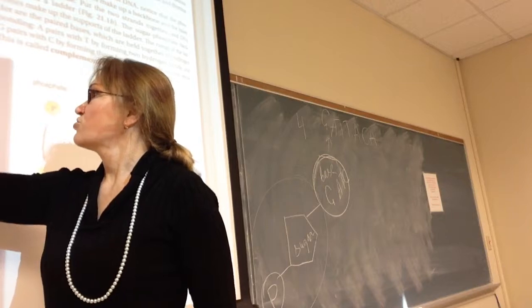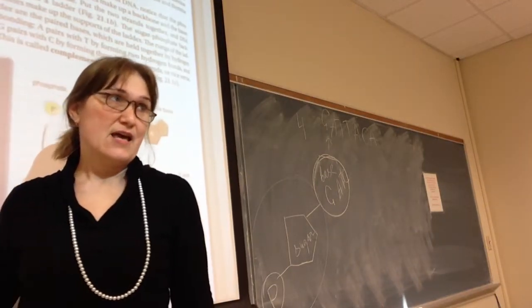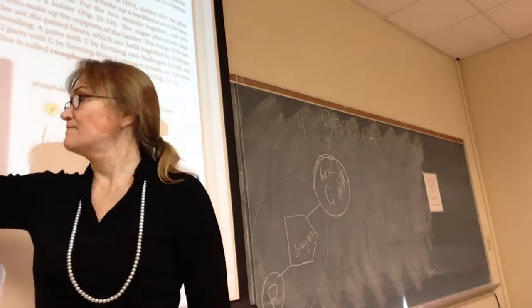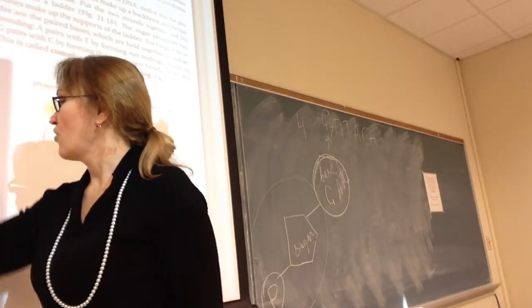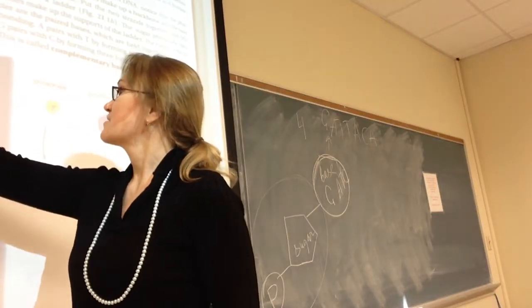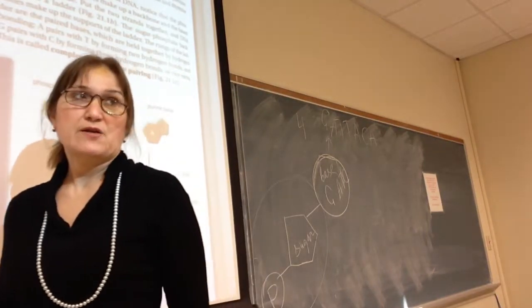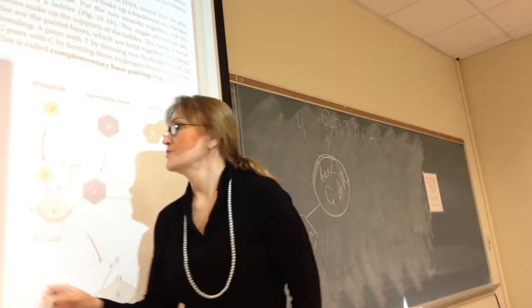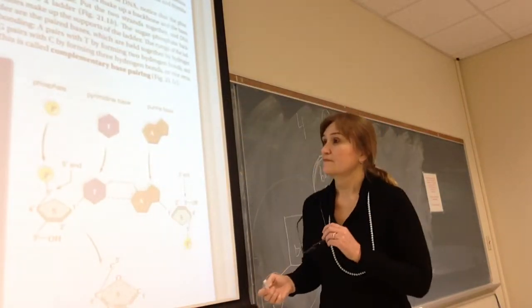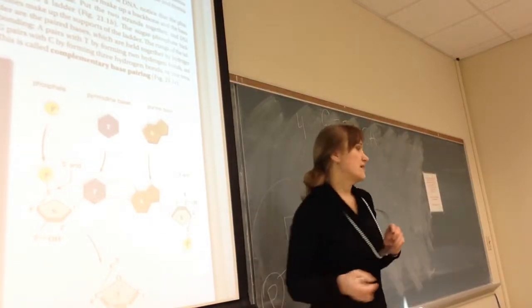So phosphorus and sugar are the same for all of the nucleotides and are used for connection. And the base, you see letters here, the base part of each nucleotide is a coding part. Okay, this was the first concept.